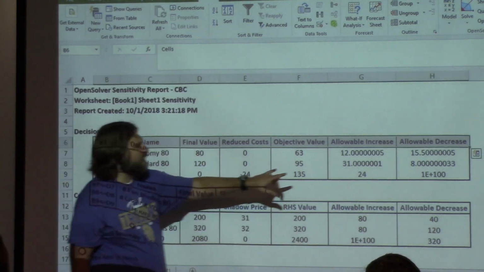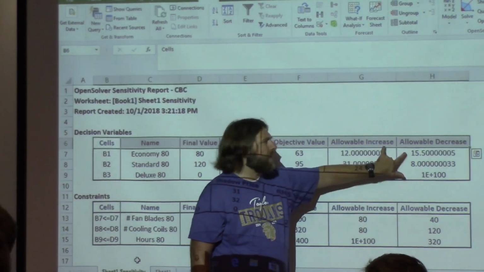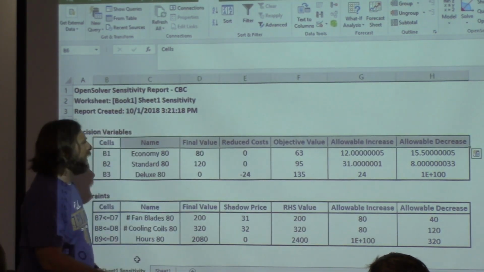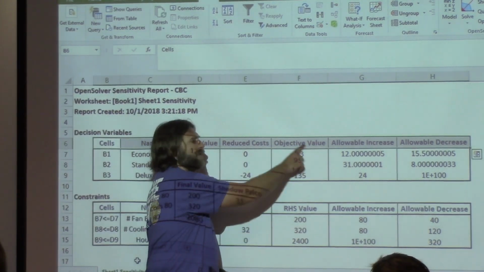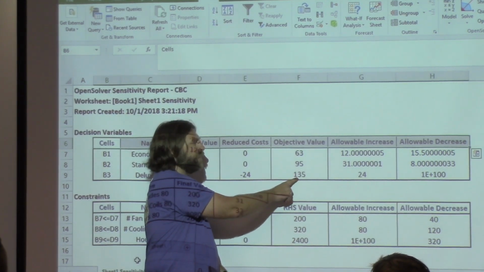Because remember, these ranges here are different than these ranges here. These ranges are how much we can modify these coefficients right here in our objective function. 63, 95, and 100.